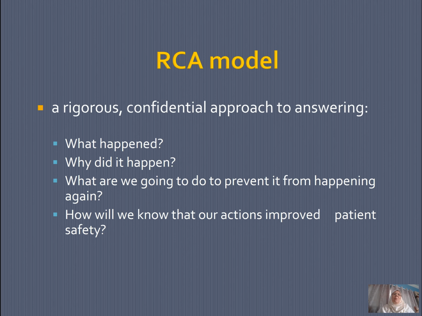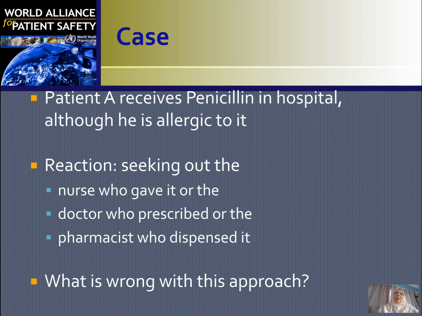And then how will we know that our actions have improved patient safety? So after we've made some changes, we want to see that this also led to improvements. So we have to look at it again and put in some procedures to find out if actually it has improved our working.